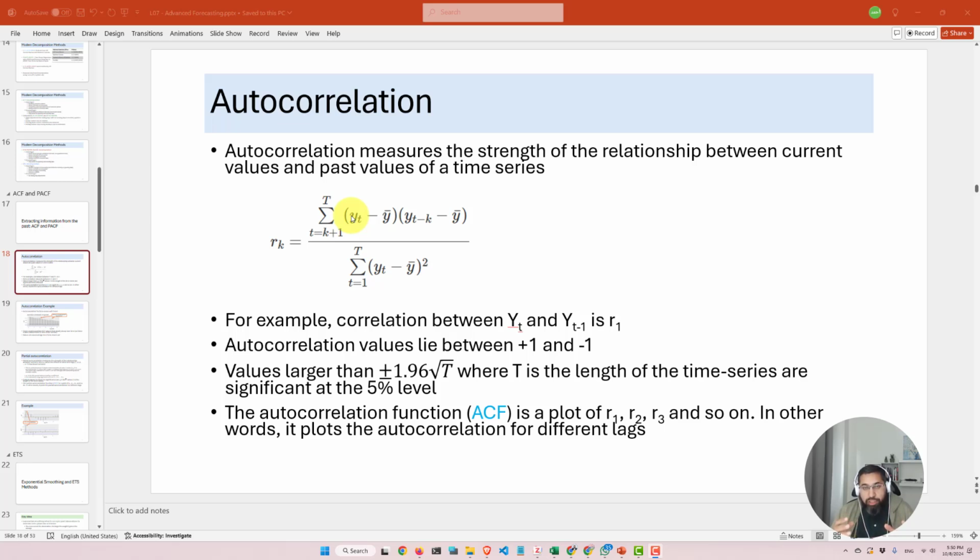In autocorrelation, auto informs you that the relationship is between y and y itself, the same variable. So obviously y is going to be related to y.